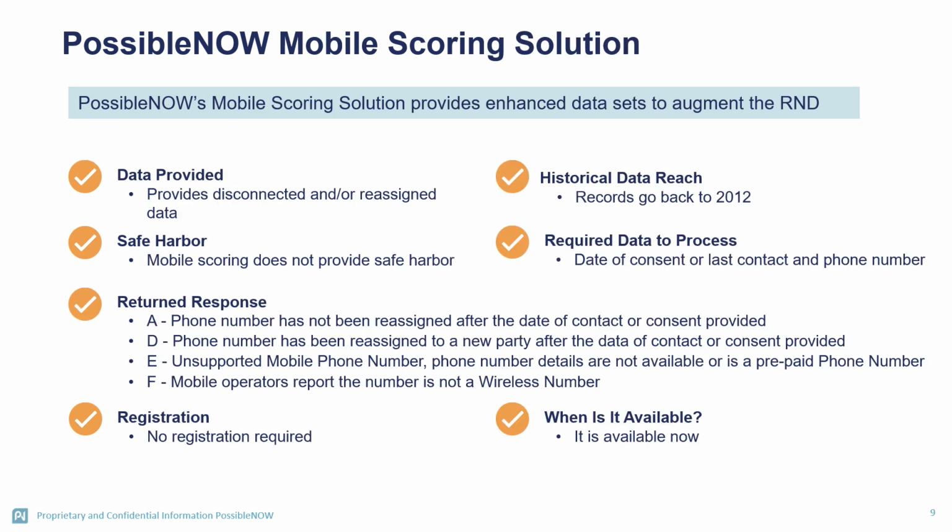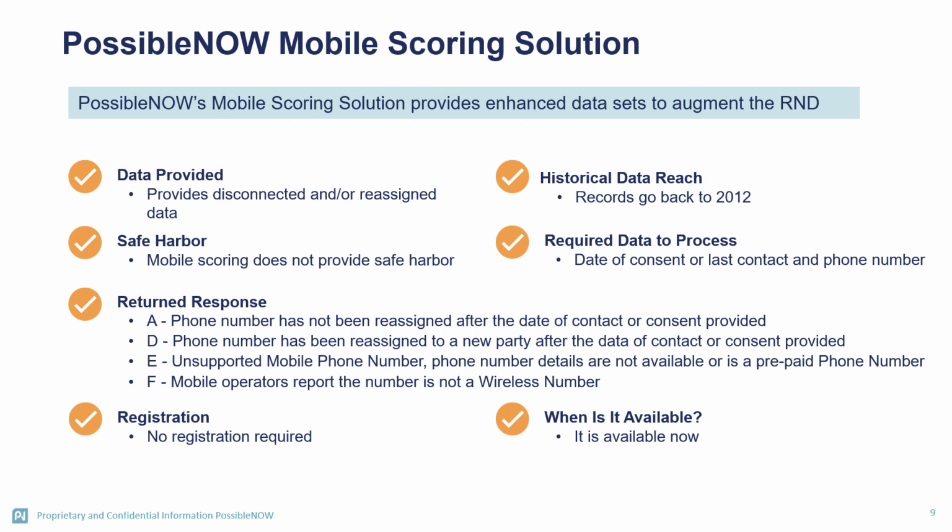The other solution that we'll talk about for R&D and identifying numbers that have been disconnected and reassigned is a product that we've had in place for a really long time, helping companies really before the FCC's R&D database existed. So we have a product called mobile scoring. And if you remember back to what Kevin was talking about, the R&D looks at consent date as well as the phone number.